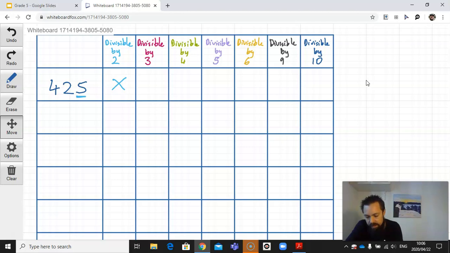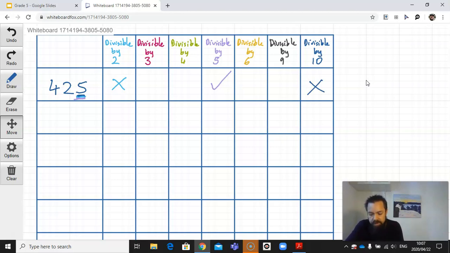Well, is the last digit, that's the only thing we need to look at, a 5 or a 0? Yes, so 425 is divisible by 5. Is it divisible by 10? Well, the rule is if it ends in a naught, it's divisible by 10. That's not a naught, it's a 5, so it is not divisible by 10.